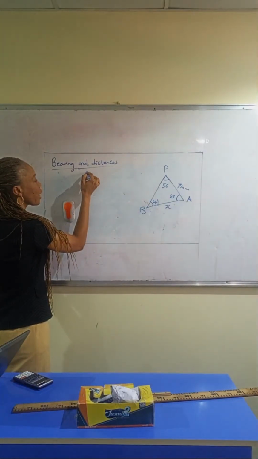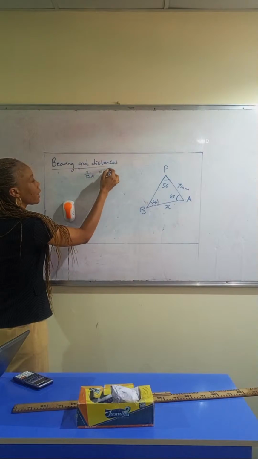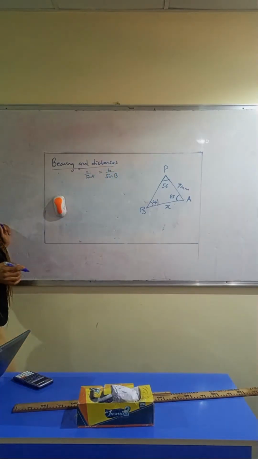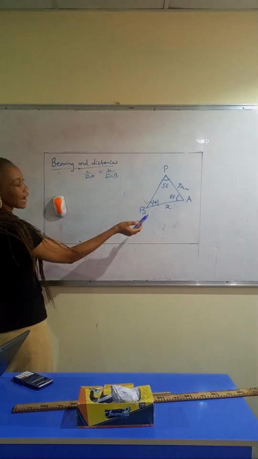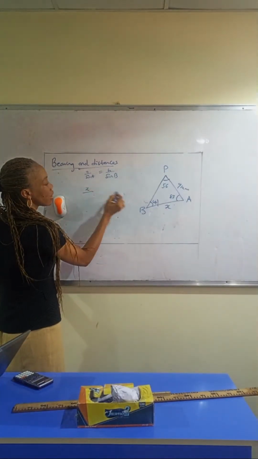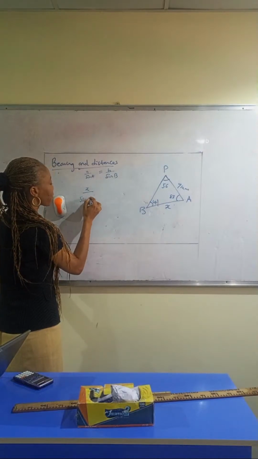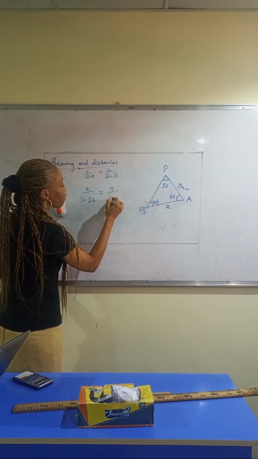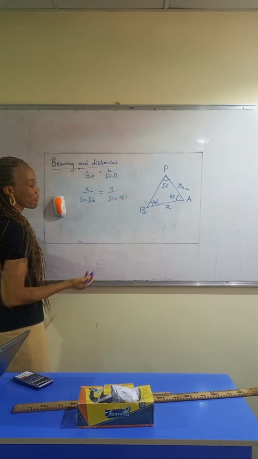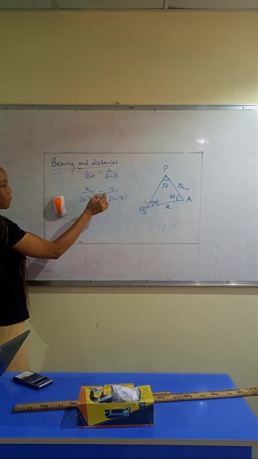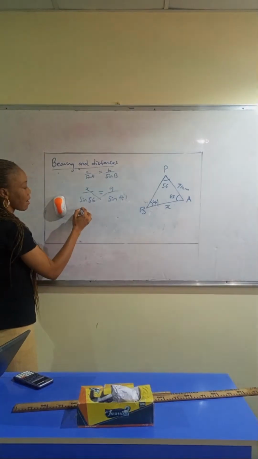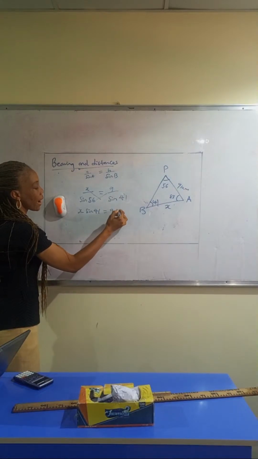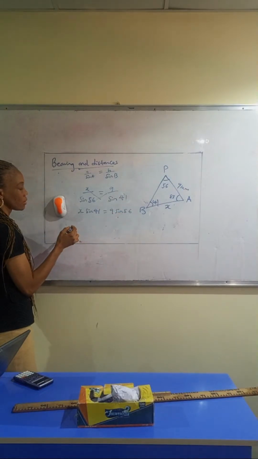Remember the sine rule: a over sine A is equal to b over sine B, where capital A and B are the angles. Now we can take x. x over sine 56 is equal to 9 over sine 41. Very easy. You cross multiply. You can have x sine 41 is equal to 9 sine 56.